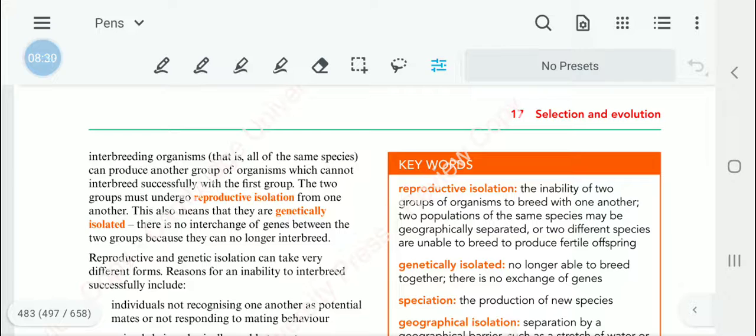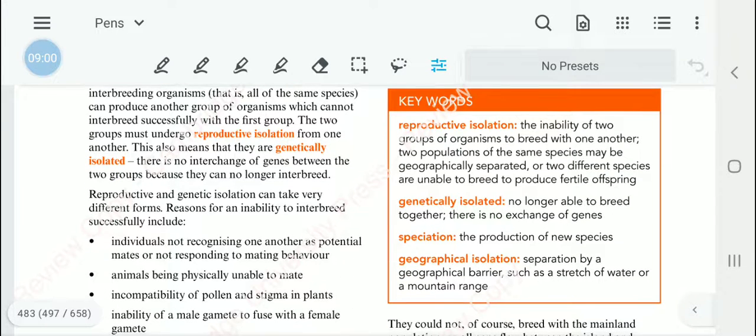Evolution will take place when organisms are genetically isolated, where they go through reproductive isolation, resulting in the genetic isolation.